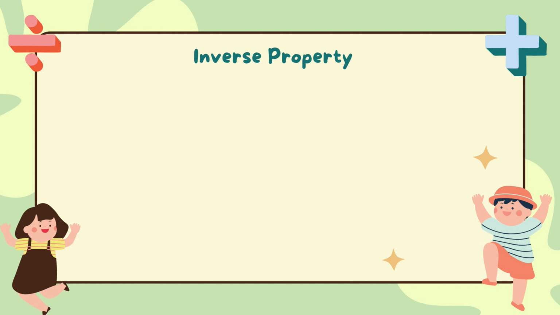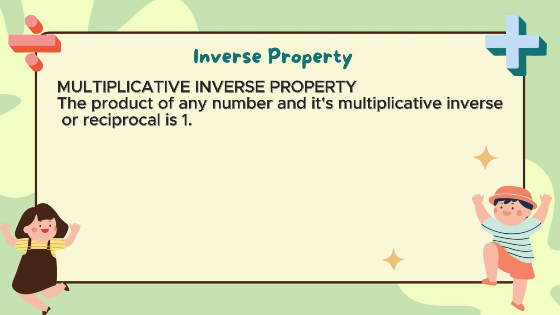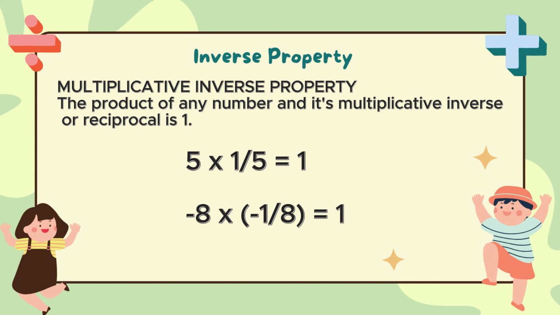Now, let's have the multiplicative inverse property. The product of any number and its multiplicative inverse, or reciprocal, is 1. We are referring to multiplication since the word here is product. Let's have an example. How do we get the reciprocal? 5 is equivalent to 5 over 1, so the reciprocal of 5 over 1 is 1 over 5.